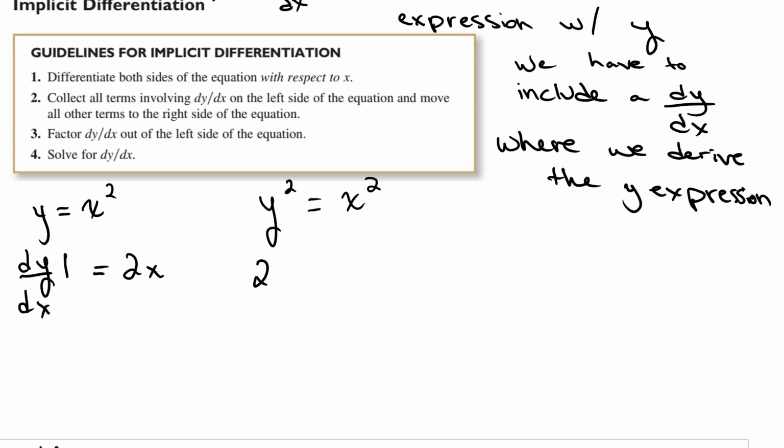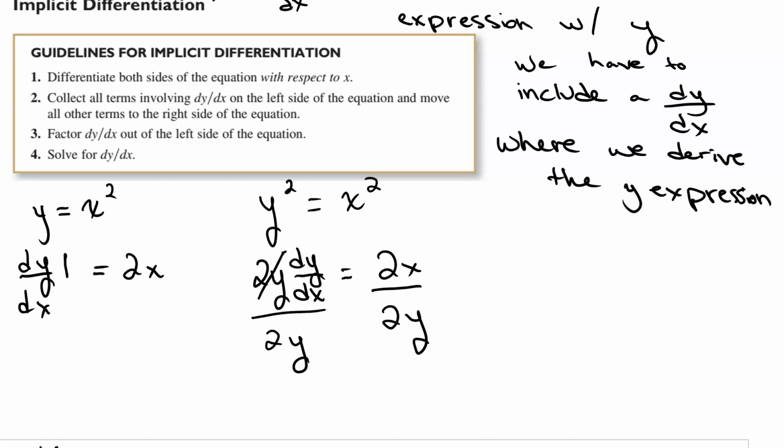The derivative of this would be 2y, and since we did the derivative of a y expression, we have to include a dy dx equals 2x. Our steps are going to be having us isolate that dy dx on the left-hand side and solving for it. So we'd cross that out, and we've got the derivative of y with respect to x equals 2x divided by 2y. So that's what we'll be doing.